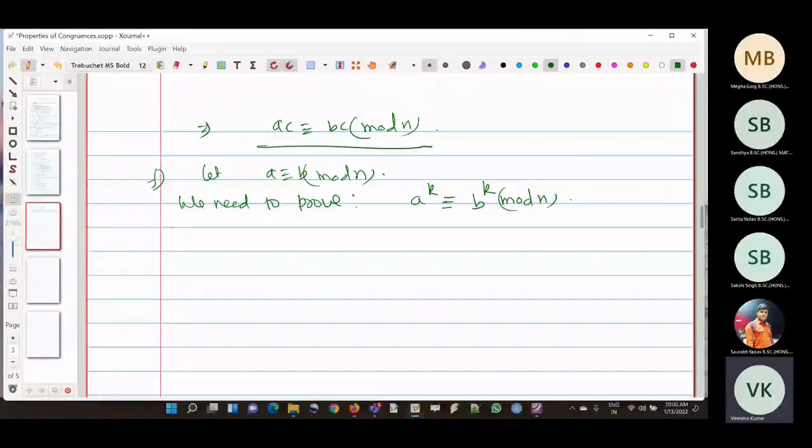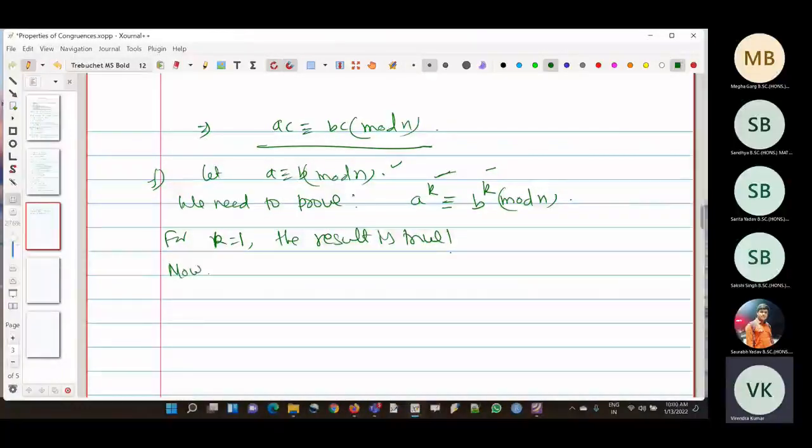So we use the principle of mathematical induction. We are not going to use the strong principle of mathematical induction, but the simple one. So for k equals 1, the result is true, as when we substitute k equals 1, we get this one, and of course this is an assumption, so obviously this is true.